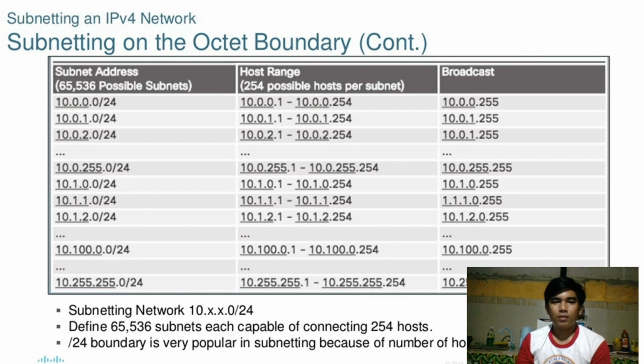Subnetting on the octet boundary. Subnetting the network 10.x.x.0/24 defines 65,536 subnets, each capable of connecting 254 hosts. The /24 boundary is very popular in subnetting because of the number of hosts.